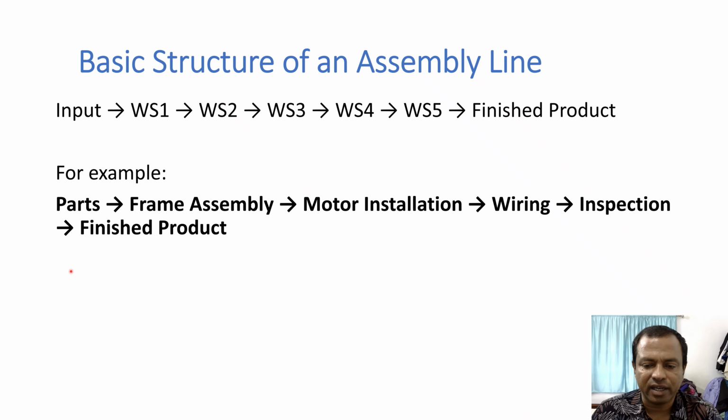In the case of an automobile assembly line, the first workstation is frame assembly, then the next workstation is motor installation, then wiring is done, then inspection.